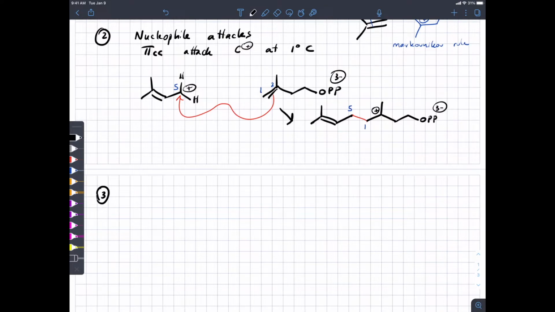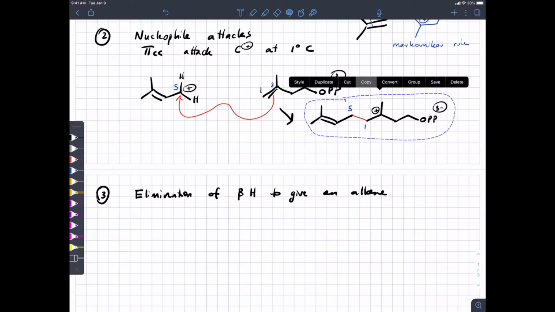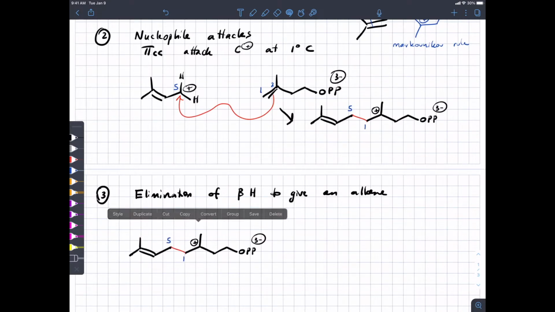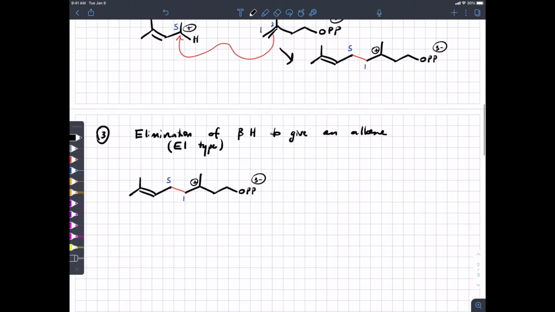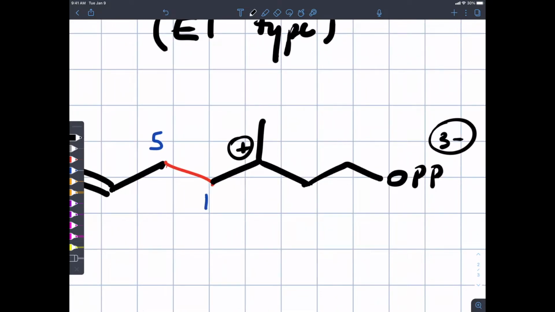So a final step that we will often see in terpene chemistry is elimination of a beta proton to give an alkene. So we'll take this carbocation, and this is sort of an E1 type reaction. You learned in 351 that protons that are adjacent to a positive charge are acidic.